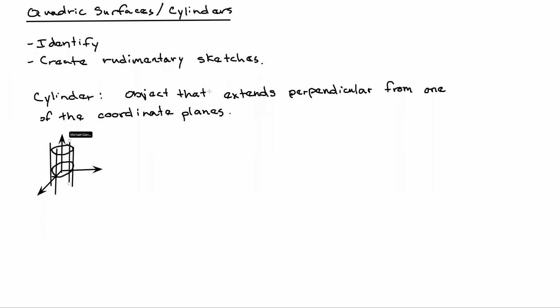So this is a cylinder. As you can see, it's an object that is extending perpendicular from, in this case, the XY plane.